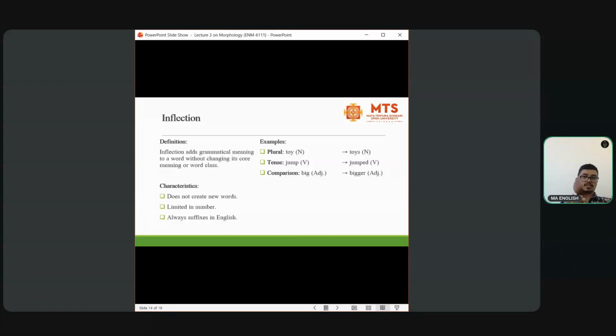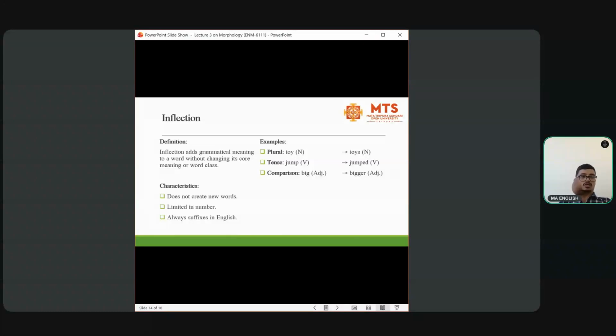As you can see in the examples, for plural, toy, toys; for tense, jump, jumped; for comparison, big, bigger. So inflectional suffixes are used in three cases: pluralization, tense, and degree of comparison.